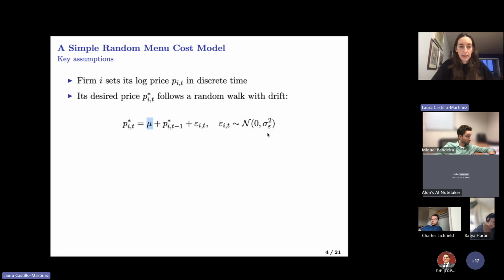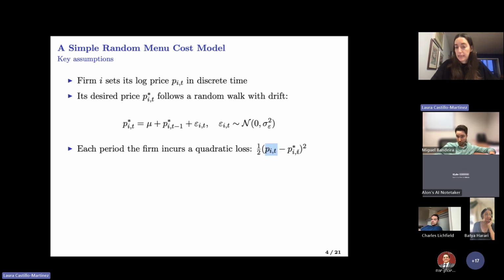The firm is going to be incurring some quadratic loss, which is going to be increasing in the gap between the price it's setting and the price it would like to set. The reason that the firm is not going to be able to close this gap at each point in time is because they have to pay a fixed cost every time they want to adjust their actual prices.